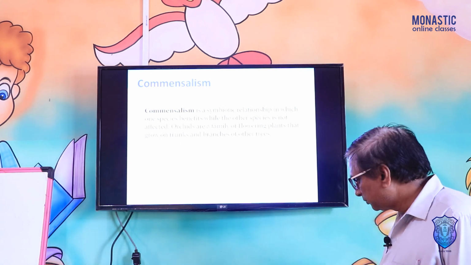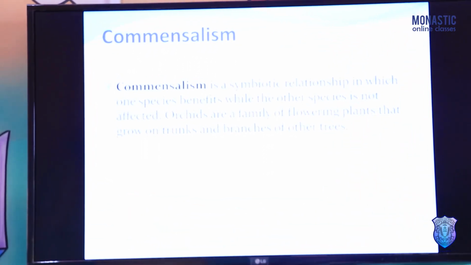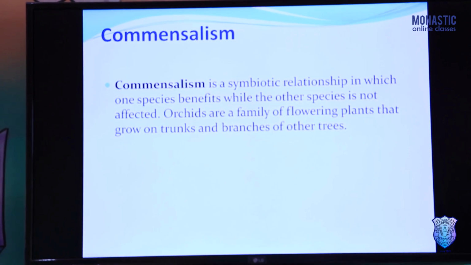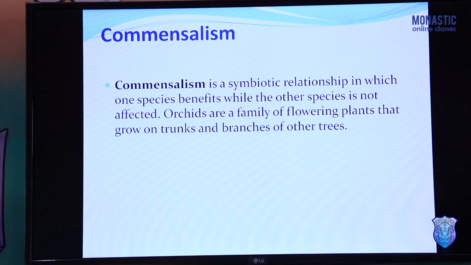Commensalism is another example of positive interaction, in which one is benefited and the other is neither benefited nor affected. In commensalism, only one species is benefited, while the other is not affected or benefited.